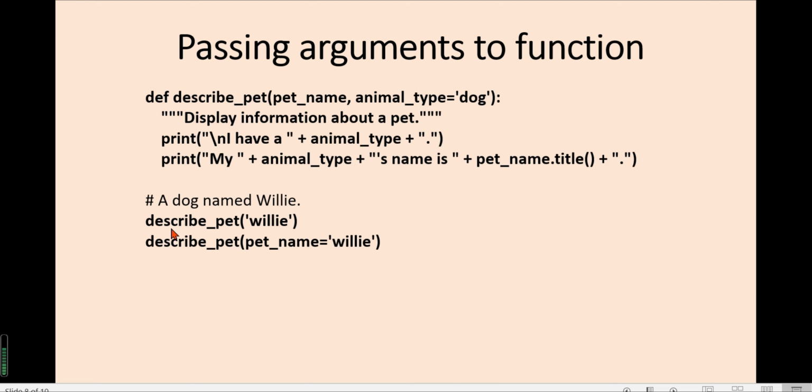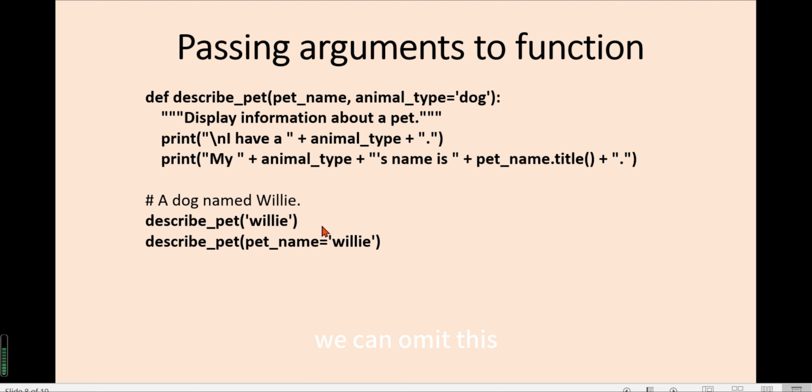But when we call the function now, we can just write describe_pet with parentheses and quotes Willie. Willie here is the value of the parameter pet name, because animal type has a default value, so we do not need to input animal type here if the type is dog.